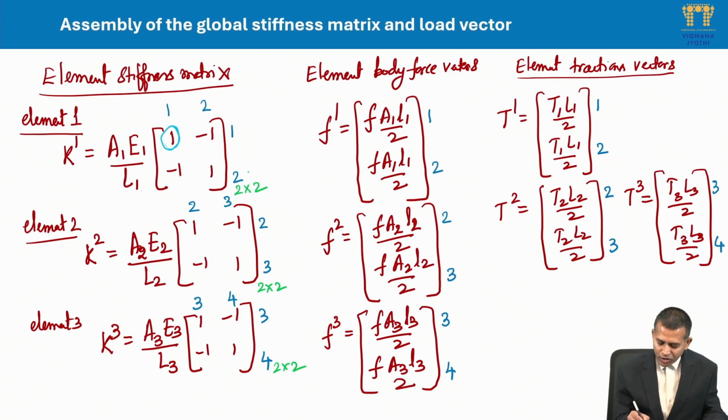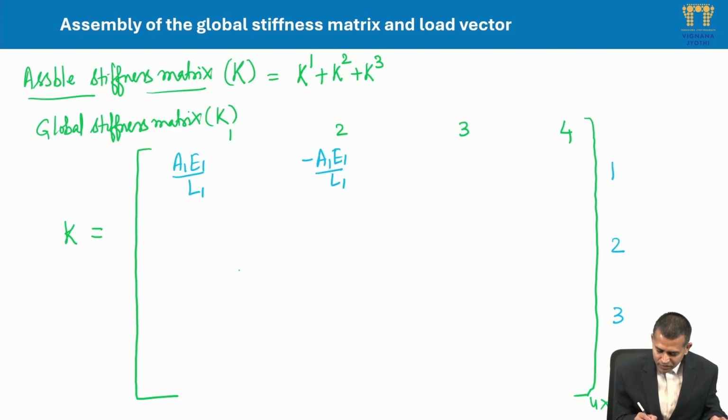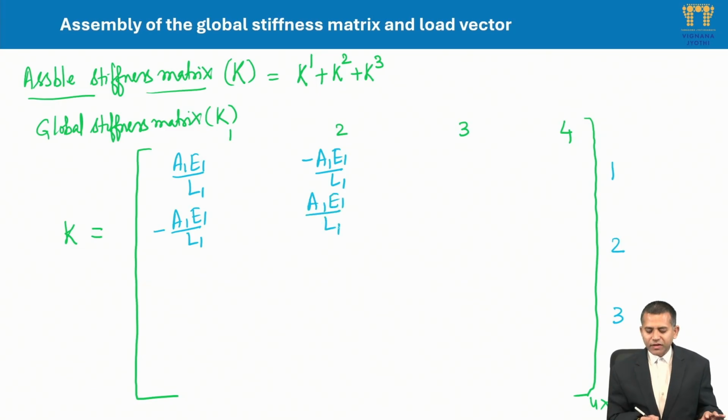Similarly, second column, second row, A1 E1 by L1. So I am writing here A1 E1 by L1 and minus A1 E1 by L1. This way, whatever element stiffness values I have, I put into the global stiffness matrix, right?